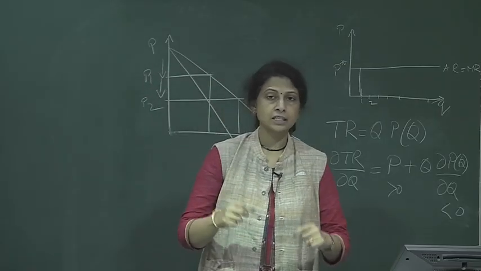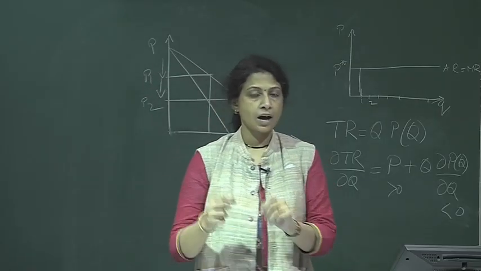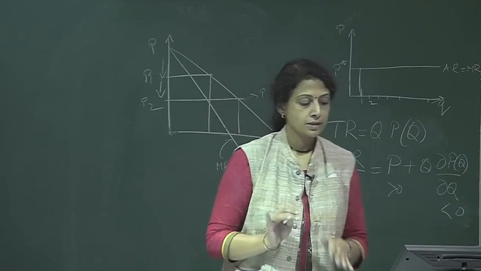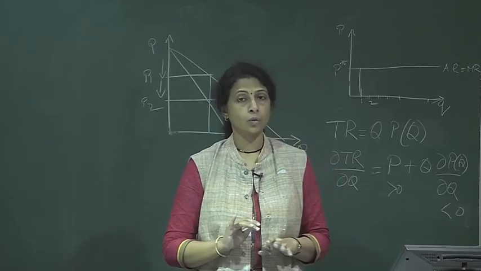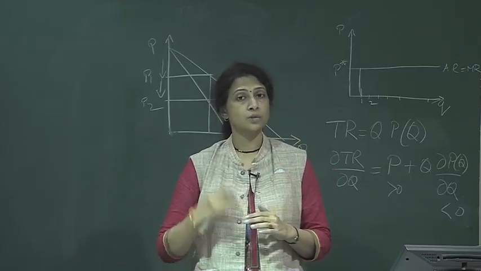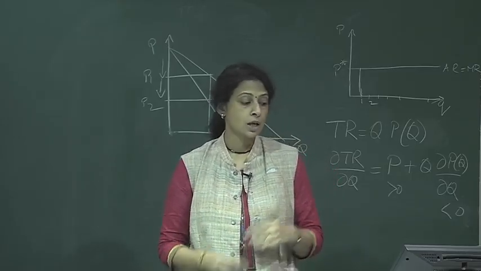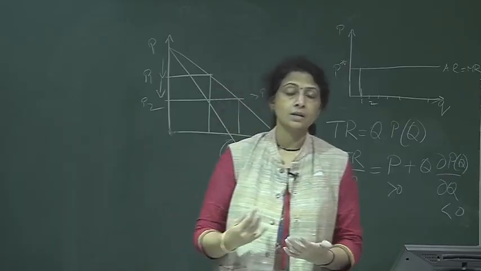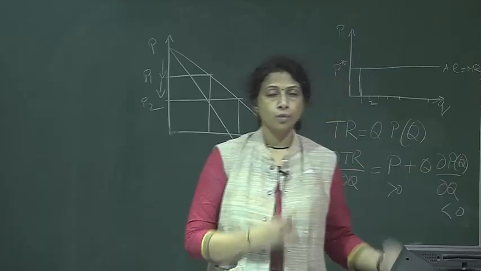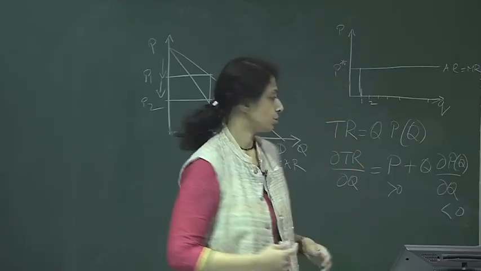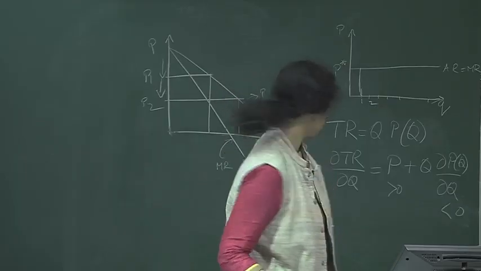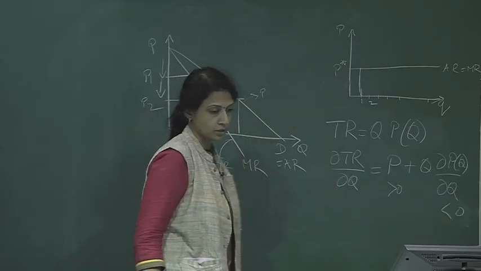It is not that he gets to charge different prices to different customers. This is one assumption that we are making now, and we are going to relax it when we discuss price discrimination, and then it will make more sense why this assumption was important.